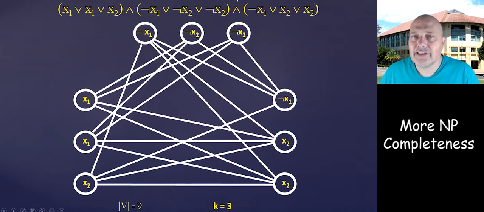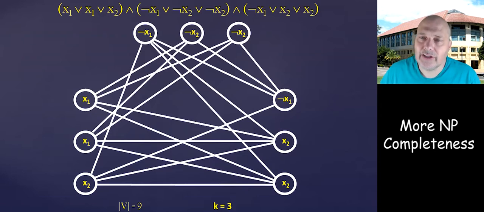And in fact, if this is a satisfying assignment, then there will be a clique of size 3, because in each one of these clauses, there is going to be at least one satisfied literal. And if we choose the vertices that correspond to these satisfied literals, then all of them will have an edge between them.